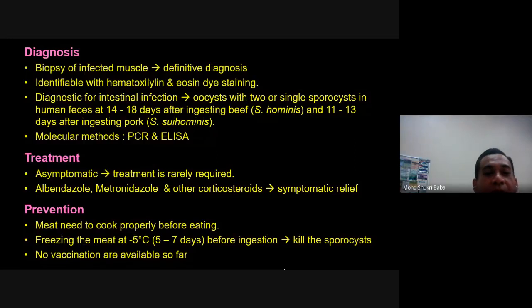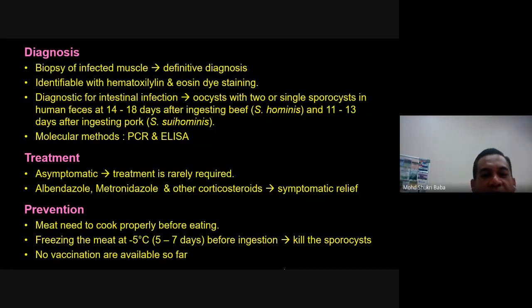Alright, and then treatment and prevention. Prevention macam biasa. Okay, you need to cook properly before eating, especially beef and juga pork. And also sebelum digunakan, you have to freeze the meat dulu in minus 5 degrees Celsius for 5 to 7 days before ingestion to kill the sporocysts.